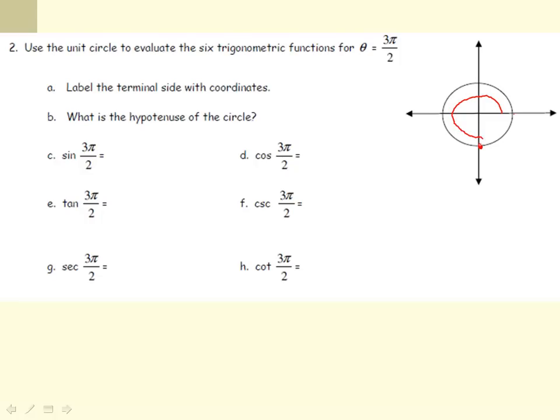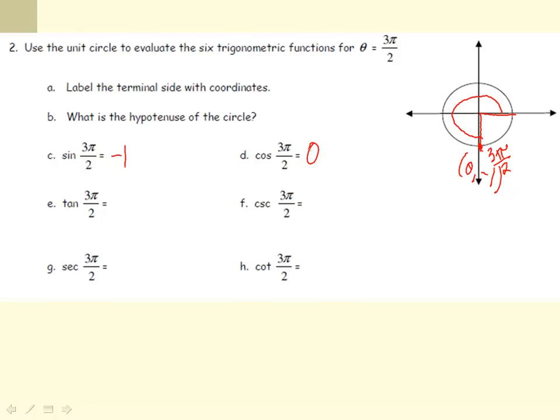So this angle is 3 pi over 2 radians, and that point has the ordered pair (0, -1). So the sine of 3 pi over 2 is our y value, which is -1. The cosine of 3 pi over 2 is our x value, and that's 0.